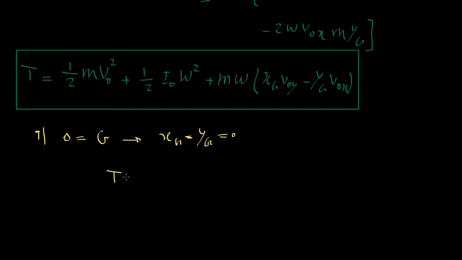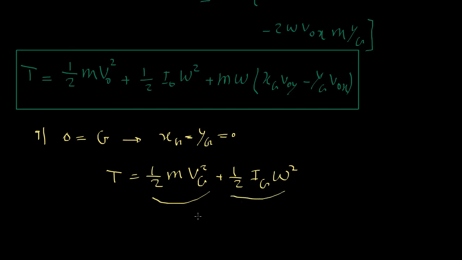And we have T is equal to 1 over 2 m vG squared plus 1 over 2 IG omega squared. And again, this equation is always true whenever our reference point is just center of mass for the 2D rigid body. You can see that here is just a linear component of kinetic energy, and this is the angular component.